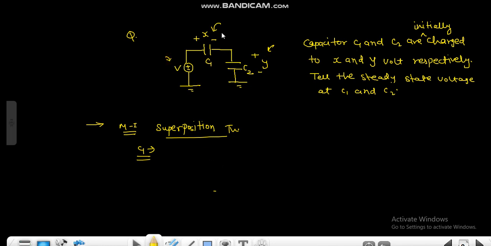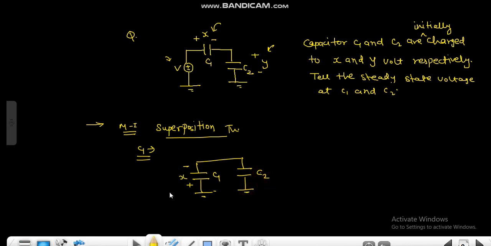So for only the effect of x, we will short circuit this V volt and Y volt. Plus minus C1 into x and C2.